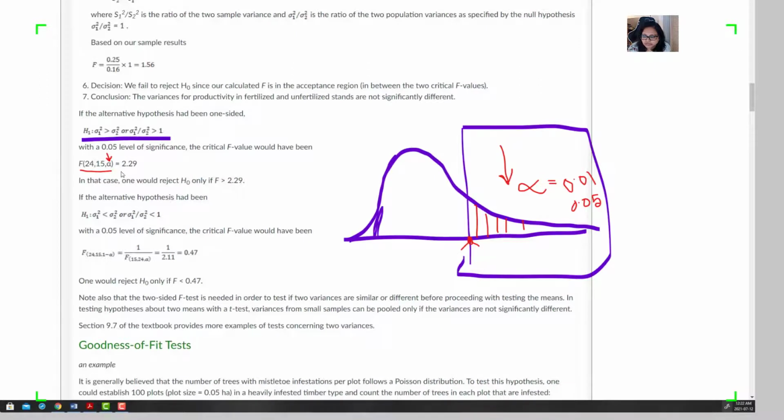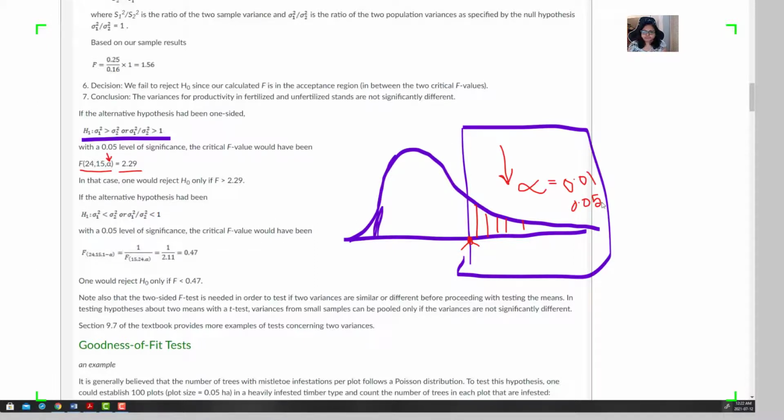In this question, it's mentioned that they are going to use 0.05, I think. So that's why they were using 2.29, and then you can compare it with the F statistic value and say whether it falls in the rejection region or the acceptance region.